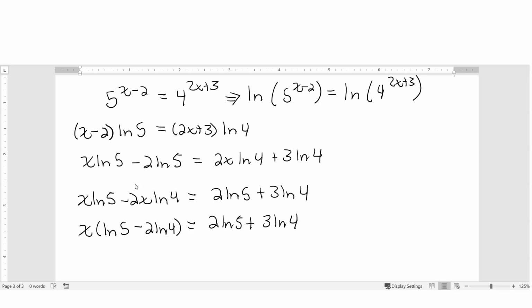And now this numerical expression again is really just a variable coefficient. So we'll divide each side by it to eventually solve for x.